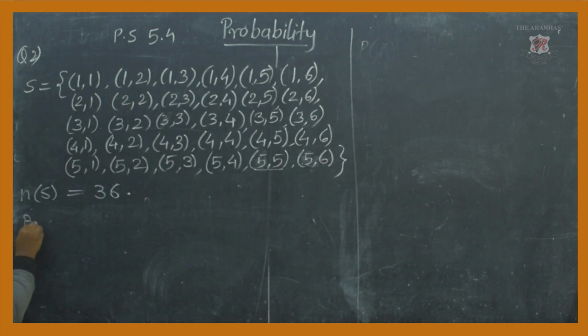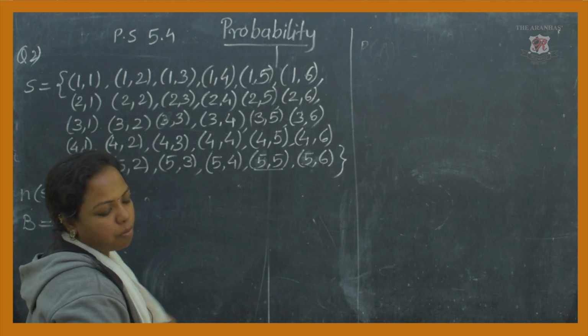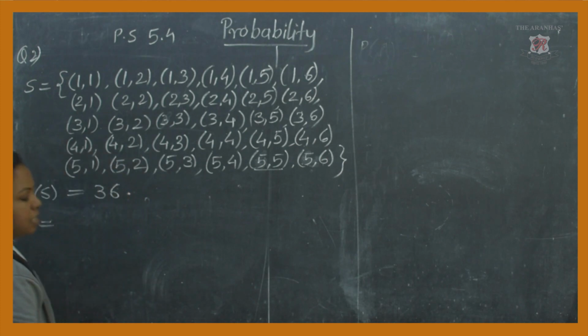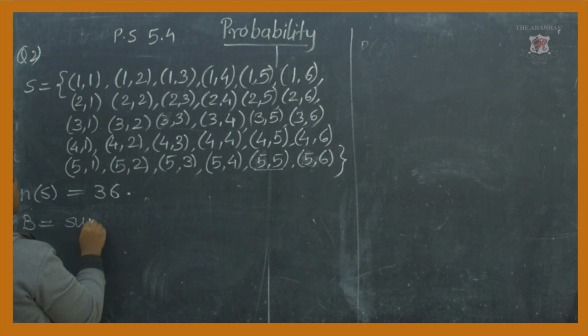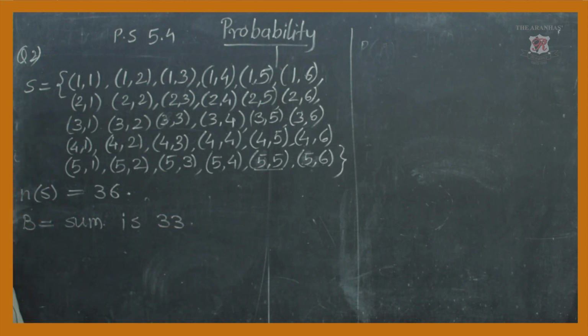Now, we move to event B. What did event B say? Sum of the digits on upper faces is 33. So, we have to check where we are getting the sum 33. Okay, 1 plus 1 is 2, 2 plus 1 is 3, like that.